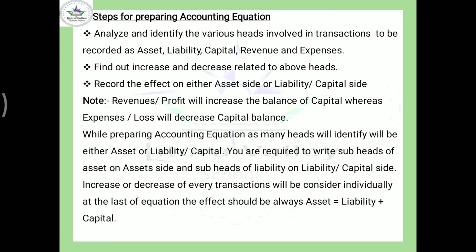that will be either in the group of asset or liability. Thereafter, you have to record the net increase or decrease related to particular heads.